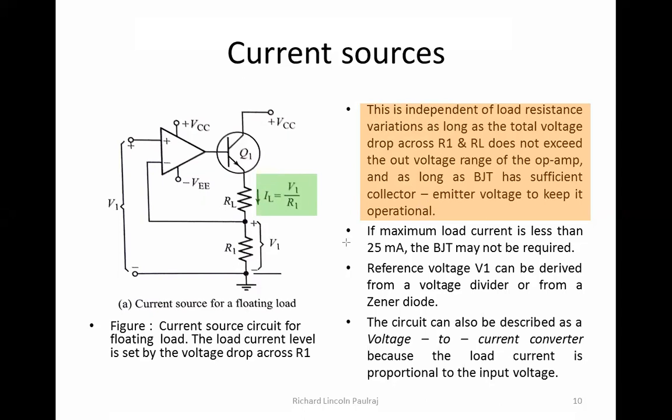Very strange, right? Usually we used to have V1 by RL, but here it's not at all dependent on RL, but on R1. So this is interesting: even if there is a variation in RL, it doesn't matter. I am going to have the same constant load current.